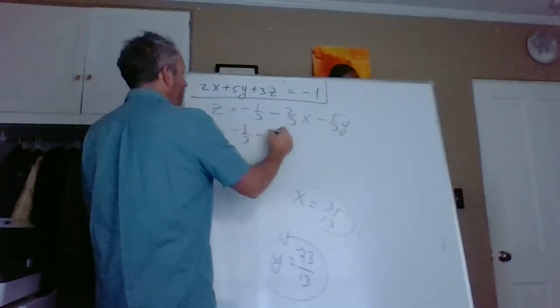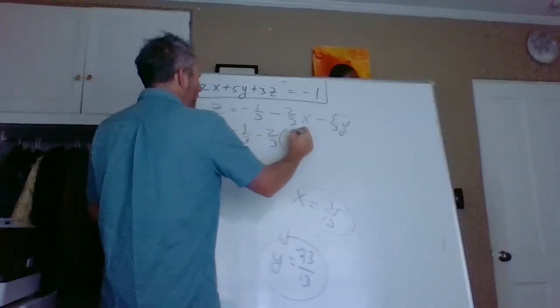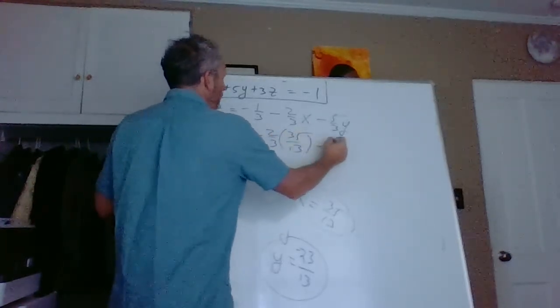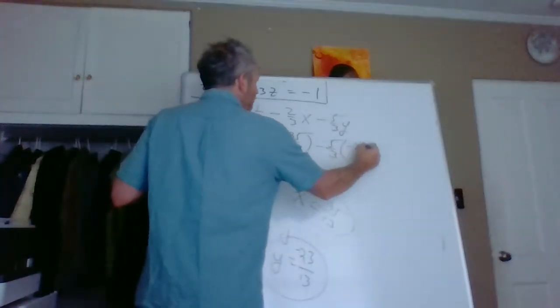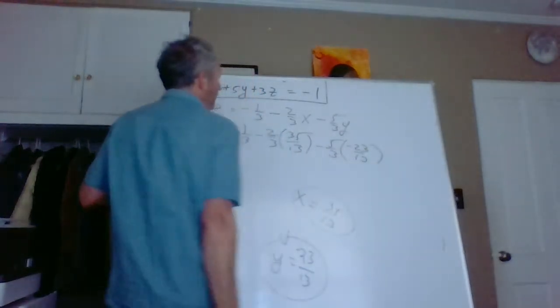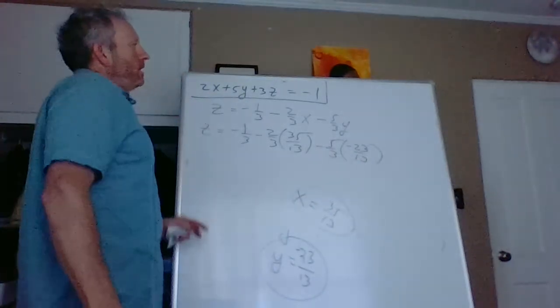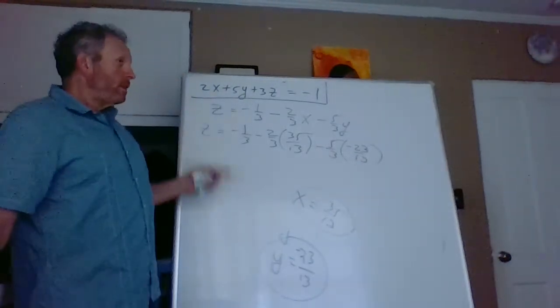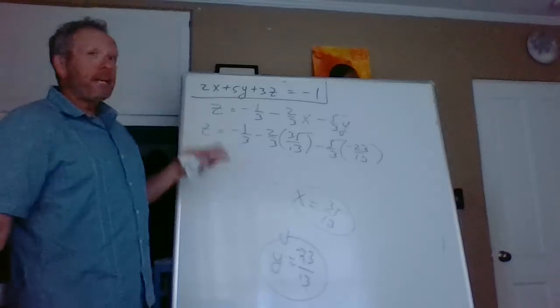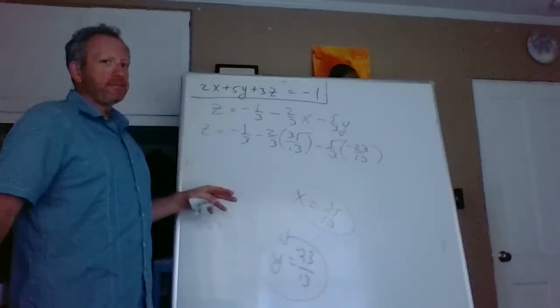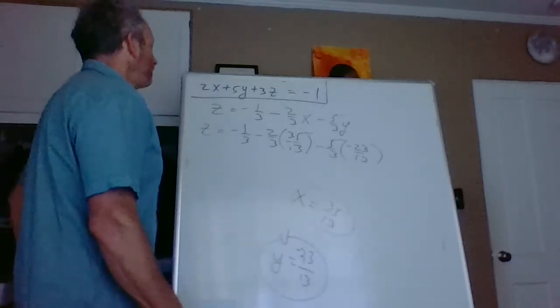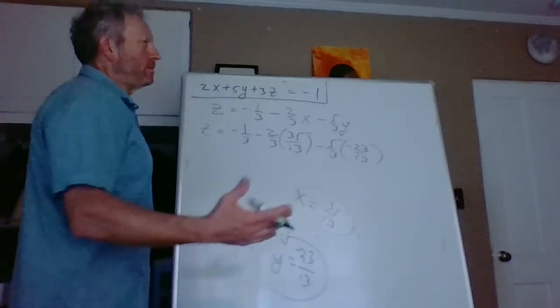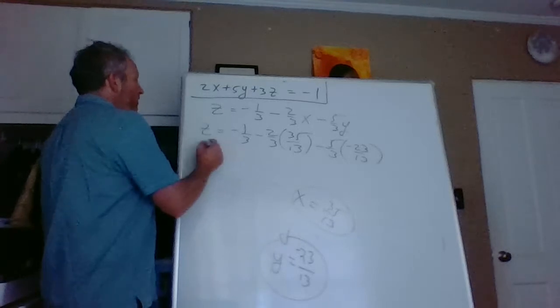So negative 1/3 minus 2/3 x is 35 over 13 minus 5/3 and y is negative 23 over 13. And we have to calculate this. This actually is a very good example to show you naturally how these play out. And they don't play out very nicely. But I've got some good news coming up here. Relatively good news. Let's go ahead and do this calculation.